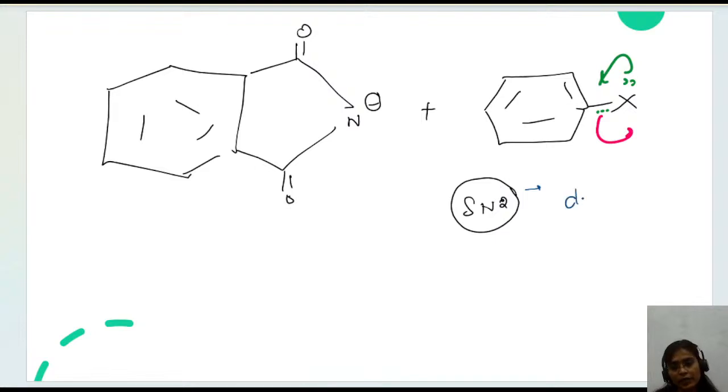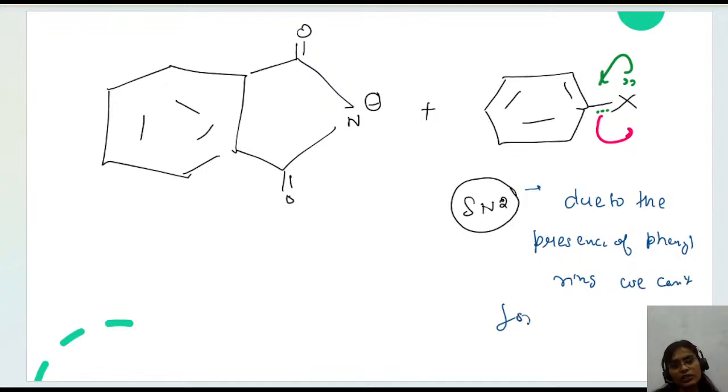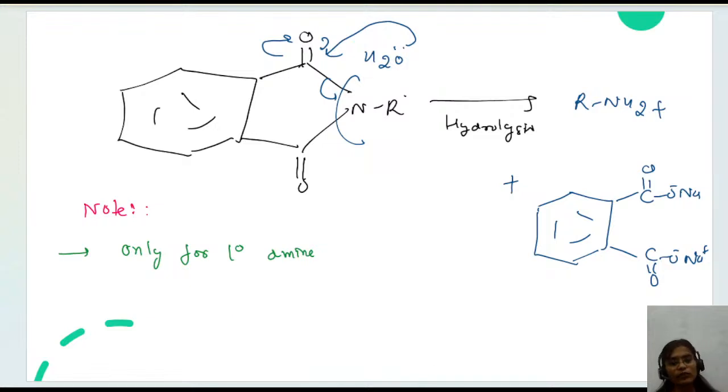So due to the presence of the phenyl ring, we can't form the primary aromatic amine in this reaction. It means in this case we can form only the primary aliphatic amine. Aromatic amine, no, no. So you can say simply this method is only applicable for the formation of aliphatic amine. Okay, so this is all for the Gabriel Phthalimide reaction.